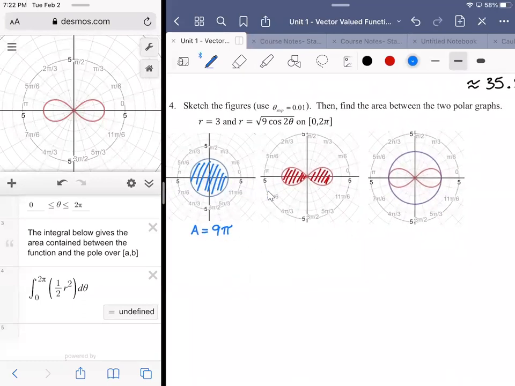So if I subtract the two, so 9 pi minus whatever this one is, then I'll have it. All right. I could do that way, or I could use the formula. Now, what I said before about remembering what the title of the course is: we want there to be calculus in here somewhere.